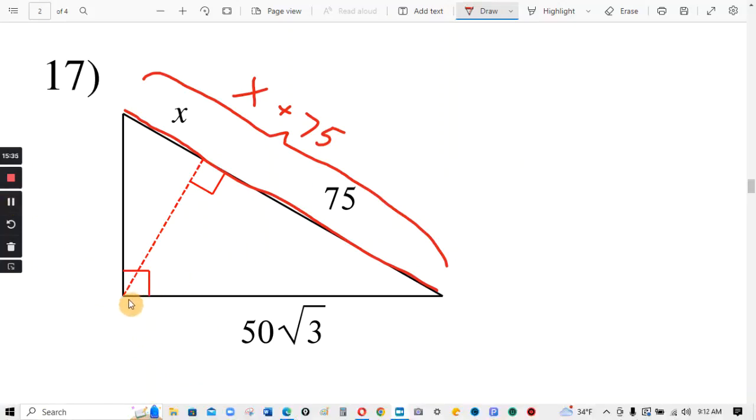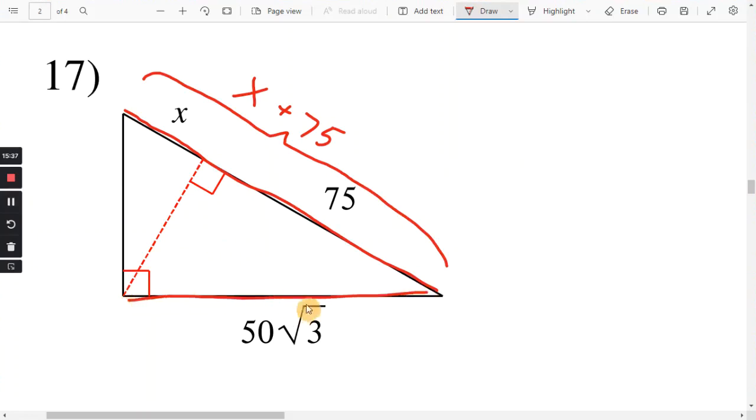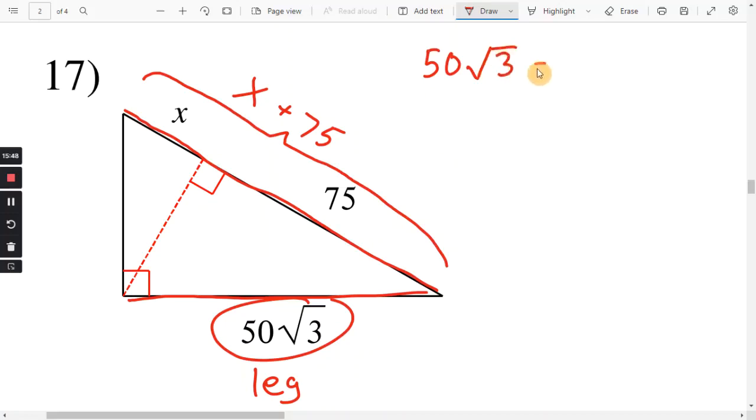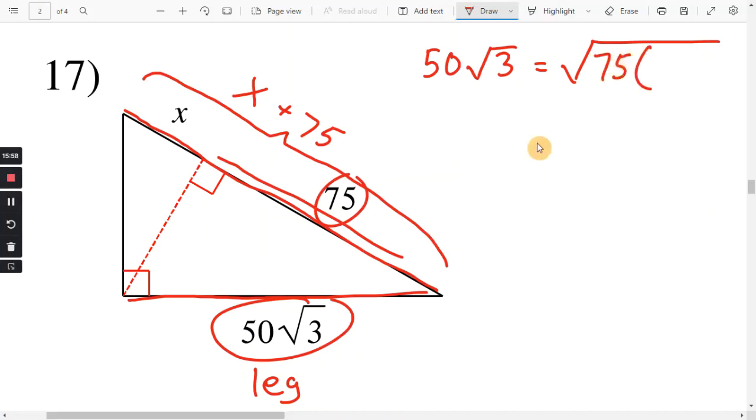So this right here is a leg. So that's going to be 50 radical 3. And that's going to equal the square root of this segment here, which is 75, times the whole thing, which is x plus 75.